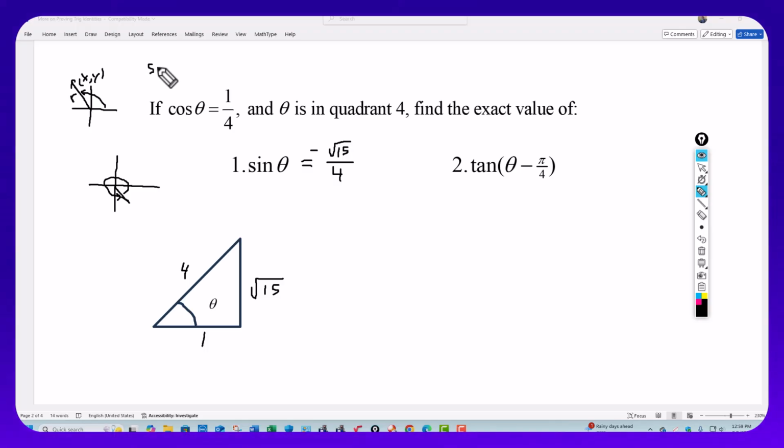Then the sine, using the angle in standard position and at any point on the terminal side, is going to be the y value, whatever it is, over the r value.